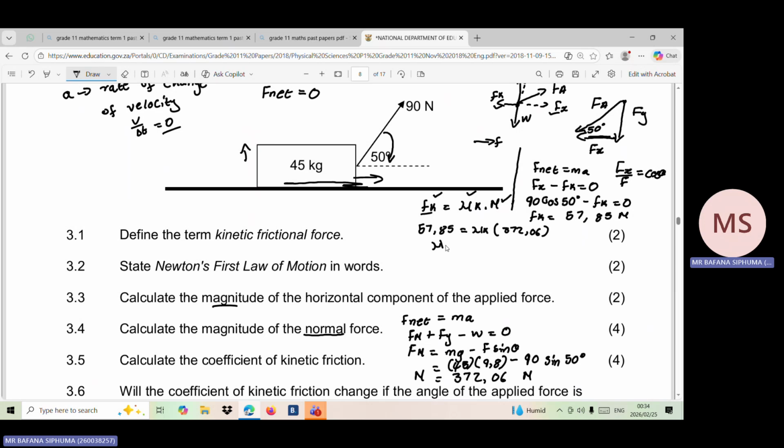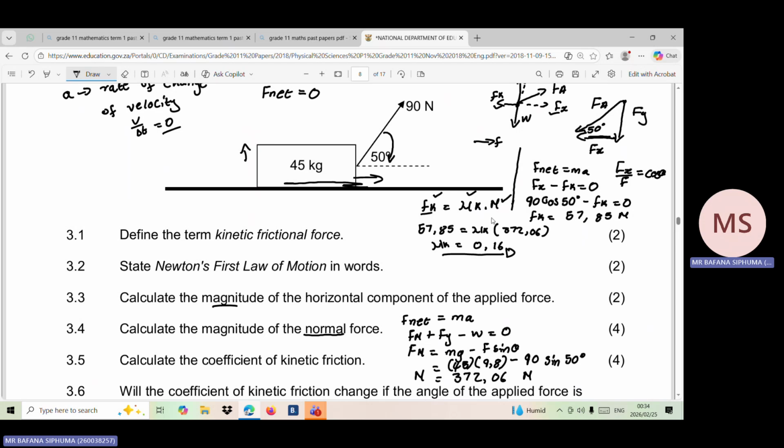And then mu k equals, let's divide 57.85 by 372.06, and this is equal to 0.16, and that is it. There's no unit, guys, no unit.